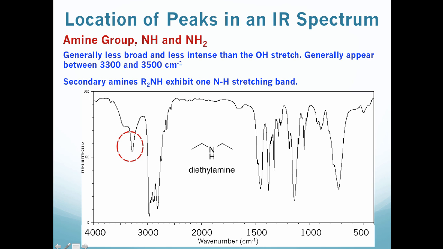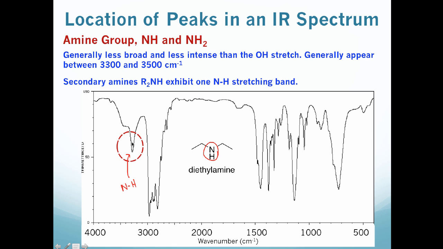Next, if we move from an amine that contains two hydrogens to an amine that contains one hydrogen, such as diethylamine, now we just have one hydrogen. Now we're only going to see one peak in that region. So here's this NH stretch.